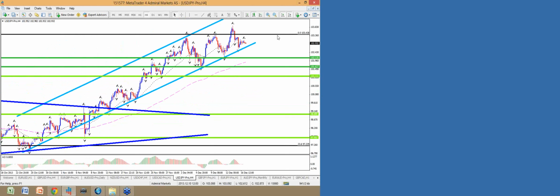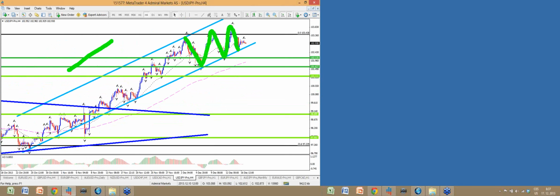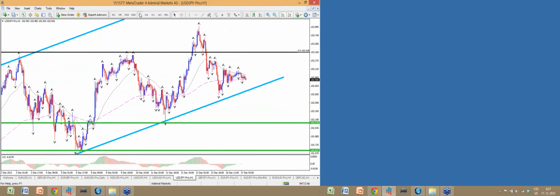In any case, because we are approaching that resistance, you get more choppiness. That's what happens with a trend meeting resistance, or a downtrend, of course, meeting support. Anyhow, you probably know that from the 1 hour perspective. Anything new here?